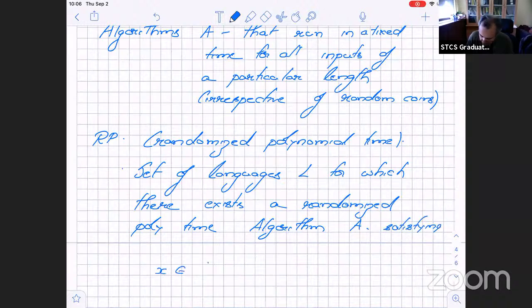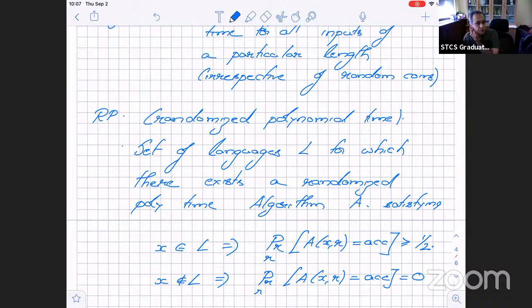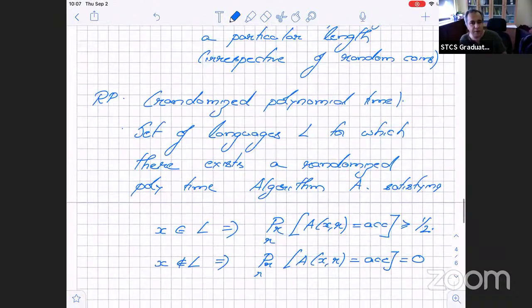If X is in L, then notice I cannot say A of X, R has to be accept, because that depends on the value of R. So I want to say A of X, R is accept with high enough probability. This happens, say, with probability half. Now you can ask me what's the importance of half here. We'll come to that next. And if X is not in the language, then the probability that it accepts is 0. That is, it always rejects. You can ask why it is this way, but this is the definition of RP.